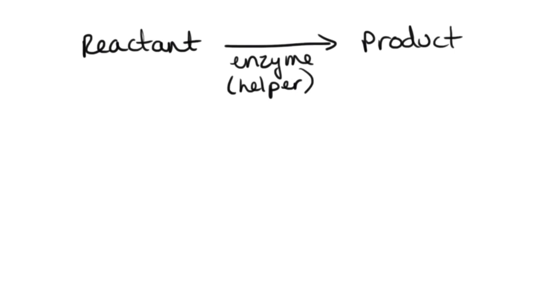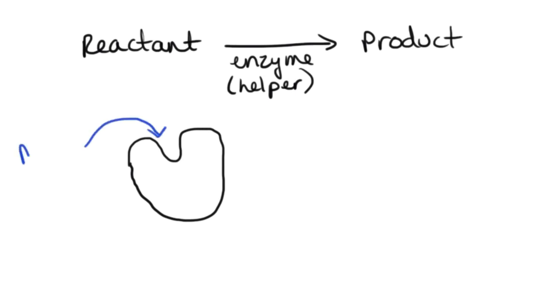So what the enzyme does is it is usually a rather large molecule, and it has a unique site on it, which I've drawn right here. That unique site is called an active site. And that active site is going to be where the reactant, if I just draw my reactant, in this case, I'm going to draw it as green, is going to fit right into that active site.